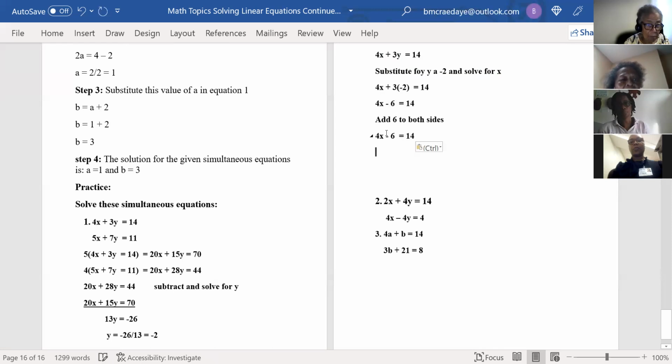10 and 12. Now you're adding 6 and you're adding 6 on the right. Oh. What do you get on the left side, Maureen? 4x minus 6 plus 6. 4x minus 6 plus 12. 6. Minus 6 and a plus 6 gives you what?